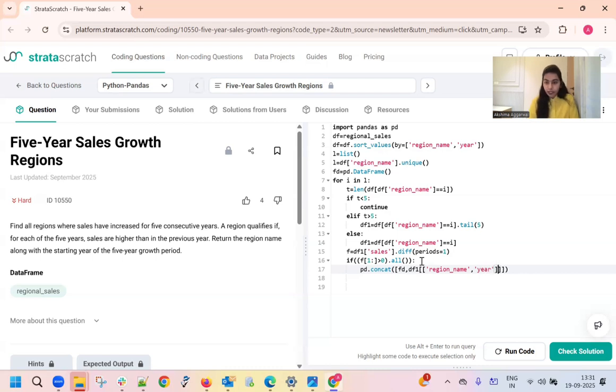Now we are going to consider only the first value because we need to print the region name and the starting year. Okay. Now let's store it in the FT.